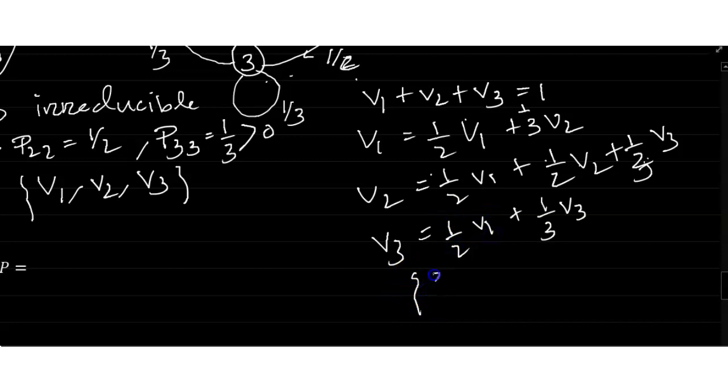So the answer is 2 by 9, 4 by 9 and 1 by 3 after calculating V1, V2, V3.